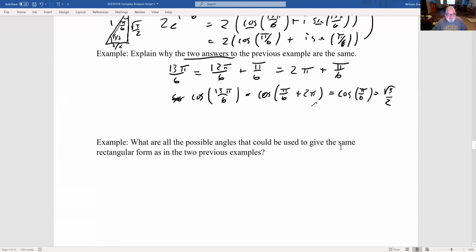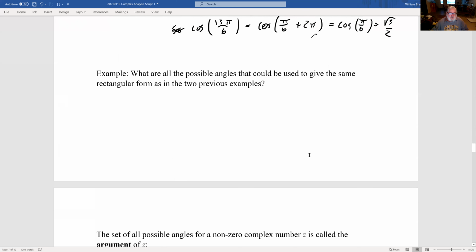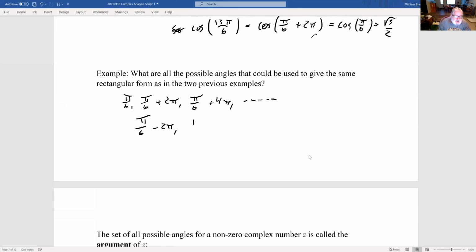So what are all the possible angles that could be used to get that rectangular form? Well, we could use pi over 6 plus 2 pi, pi over 6 plus 4 pi, and so on, pi over 6 minus 2 pi, pi over 6 minus 4 pi, and so on.